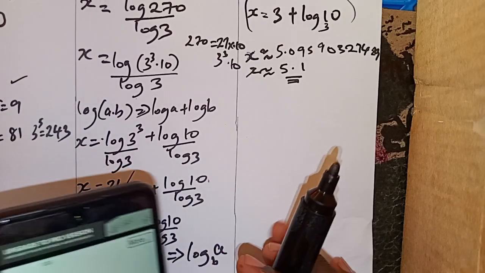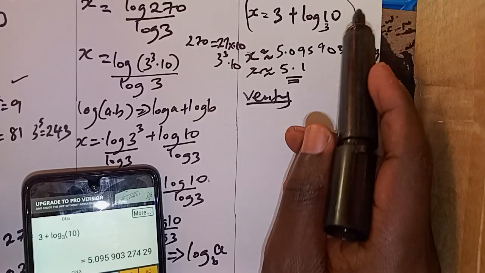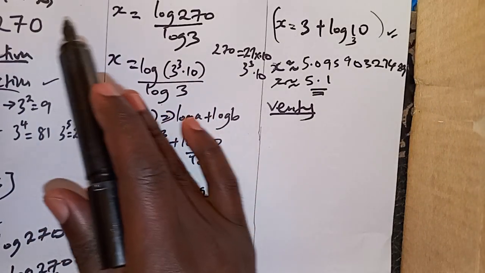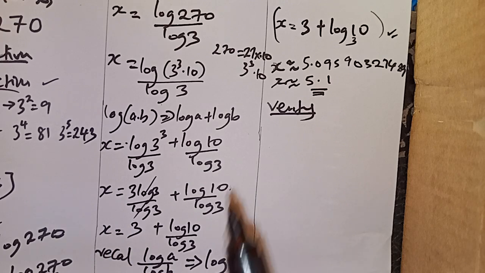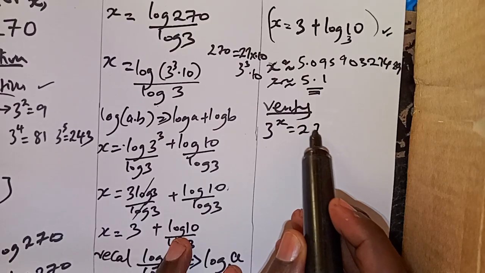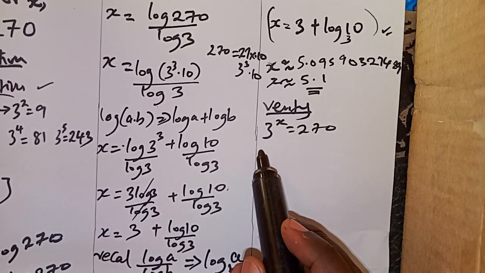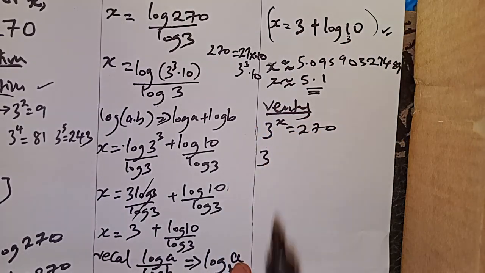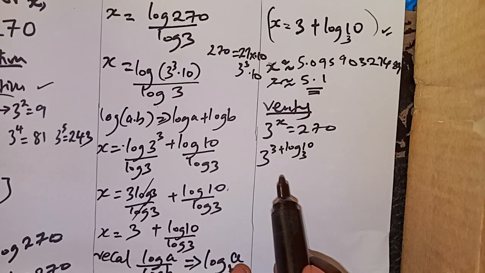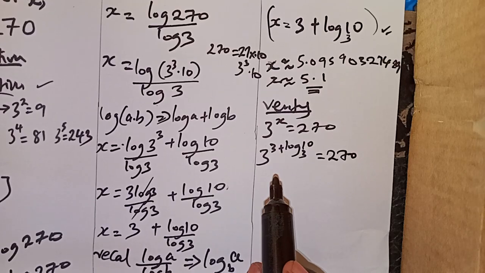So we can go ahead and verify if this satisfies our equation. Remember that our equation was 3 to the power x equals 270. Whenever I have x, I'm going to replace it with 3 plus the log of 10 to the base 3, which should give 270.